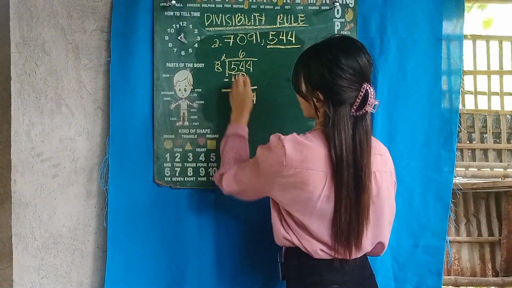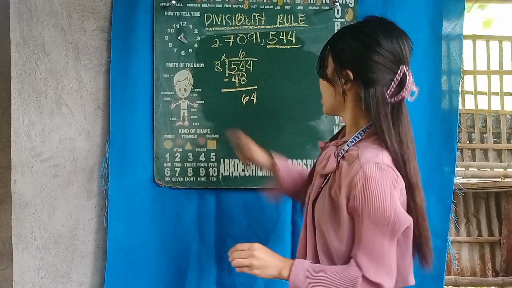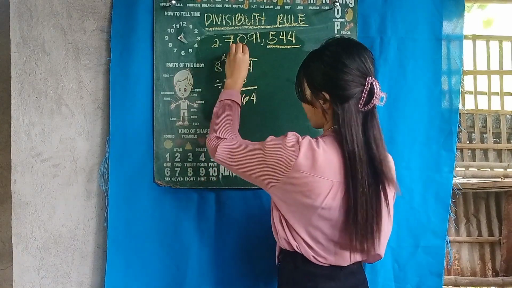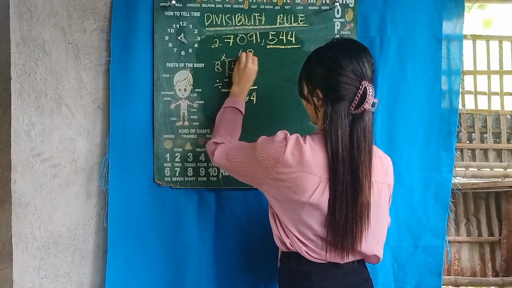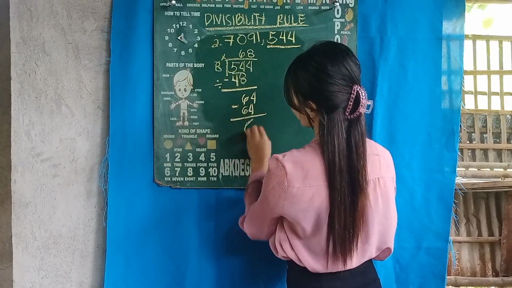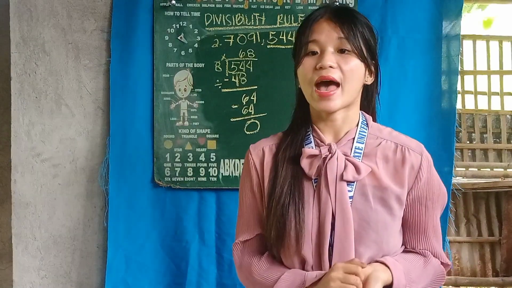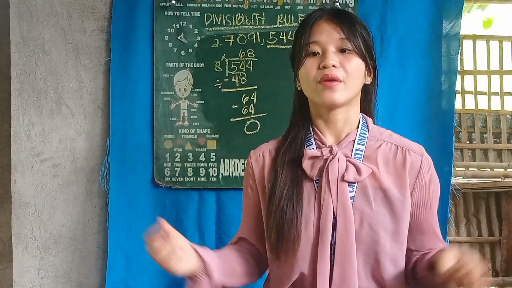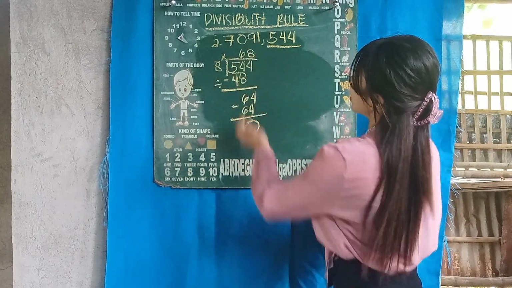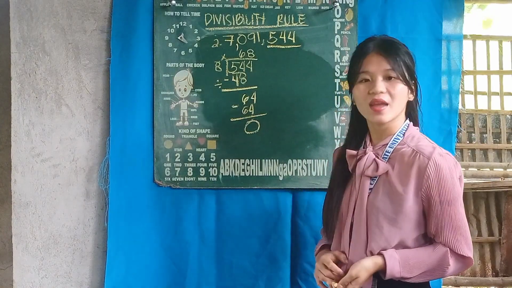Bring down 4. 54 minus 48 is equals to 6. Then, 64 divided by 8 is equals to 8. Then, 8 times 8 is equals to 64. 64 minus 64 is equals to 0. So, it shows that we do not have any remainder. Therefore, the original number 7,091,544 is divisible by 8.